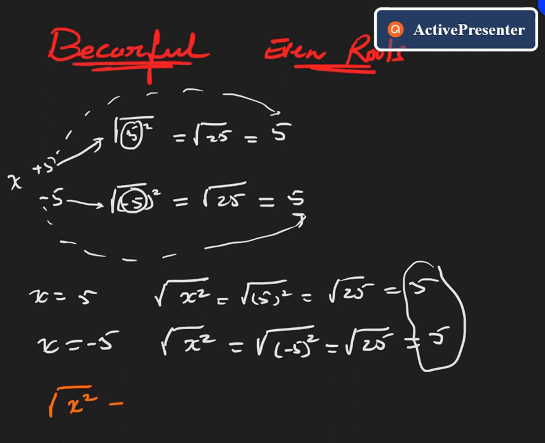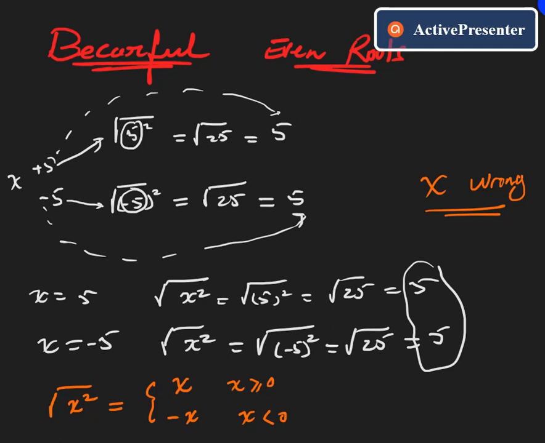So this leads us to the definition of the square root of x square. What is the square root of x square? If you write x only, you are wrong. Our answer should be like this: the square root of x square is equal to x when x is positive or equal to 0, and minus x when x is less than 0.